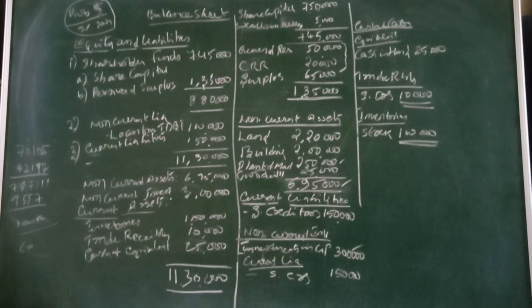So if we total it, assets are supposed to tally with the liabilities. Likewise, we have to prepare the balance sheet. Both assets and liabilities should tally as usual. Only the information is disclosed under separate schedules. That is the only difference here.